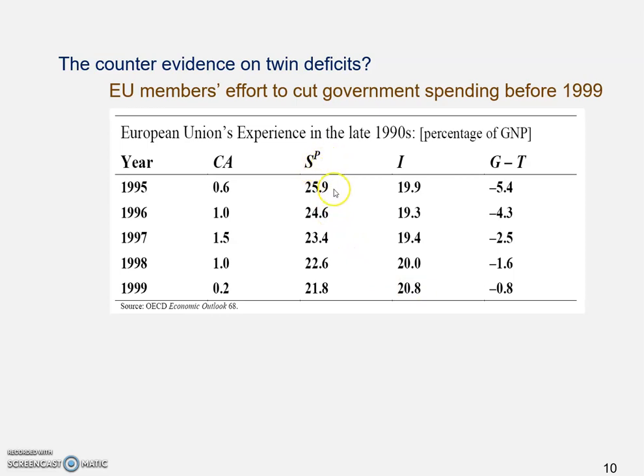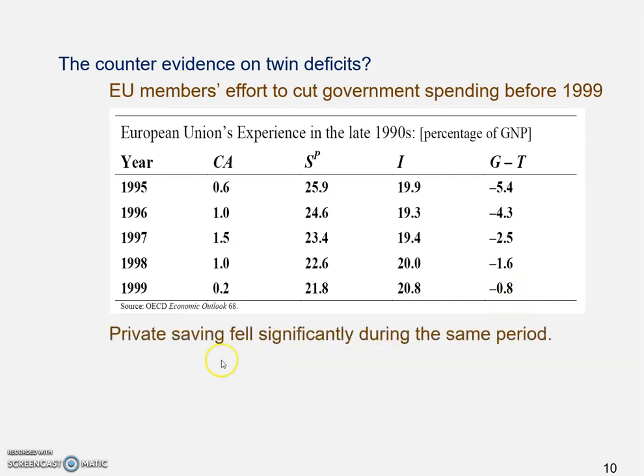The private saving actually decreased a lot, from 25.9% all the way down to 21.8%. In other words, a 4.1 percentage point decrease, which is similar to the decrease in budget deficit. What we're trying to say is the private saving fell significantly during the same period.